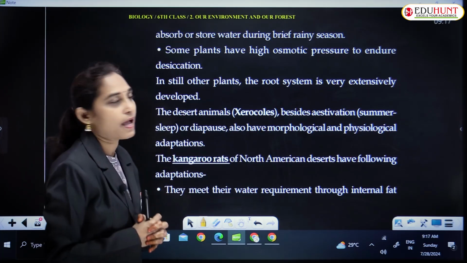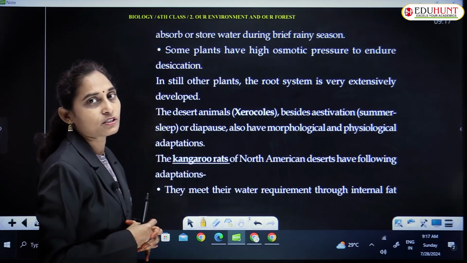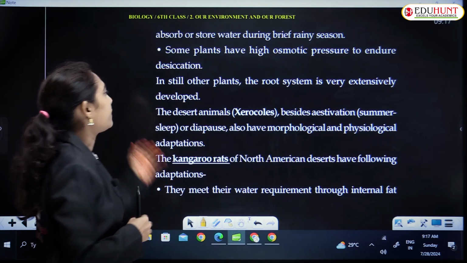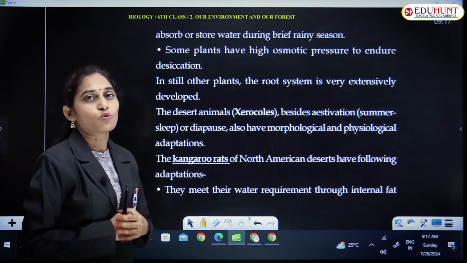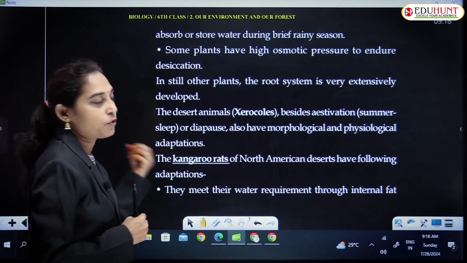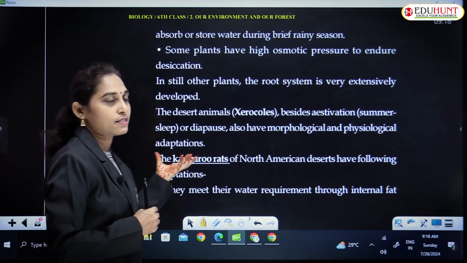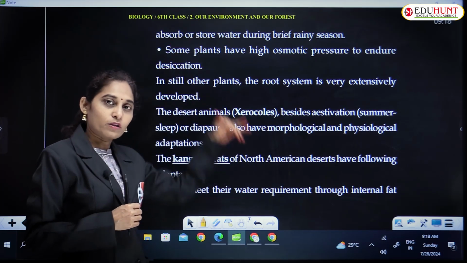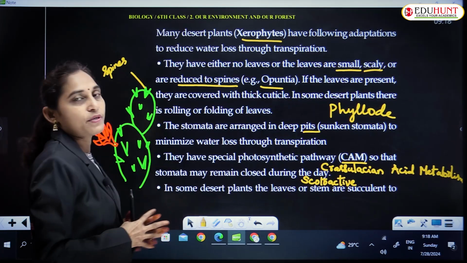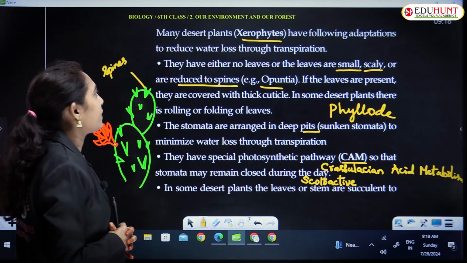Some plants have high osmotic pressure in the cells to prevent desiccation. In still other plants, the root system is very well developed, extensively developed. Desert plants show these earlier mentioned adaptations. Is it clear?